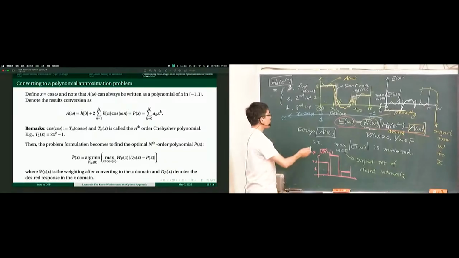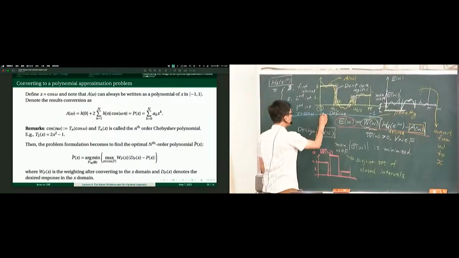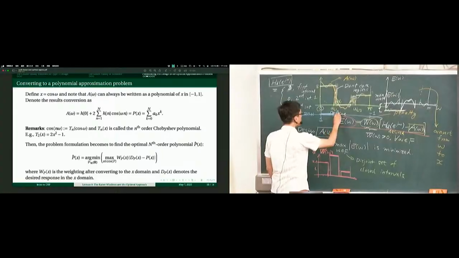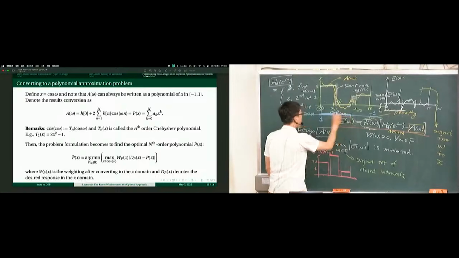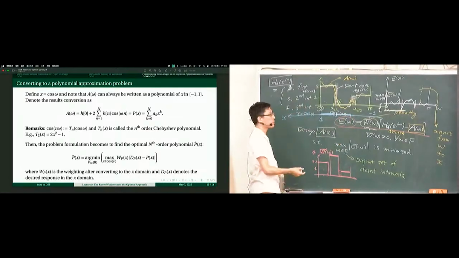So you can still talk about passband and stopband in the X domain. Here is the first passband in the X domain, with the cutoff right here. And you can talk about the stopband right here. Sure, there is going to be a stopband in the X domain after the change of variables. It's pretty simple.